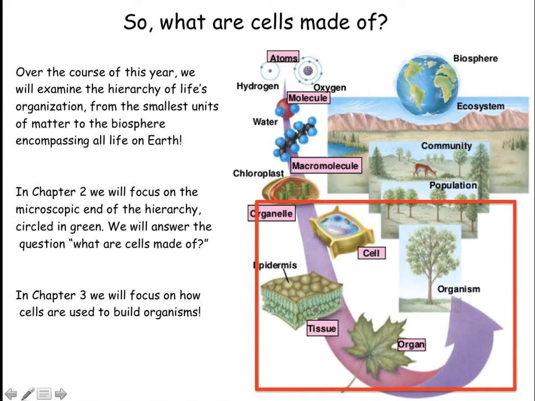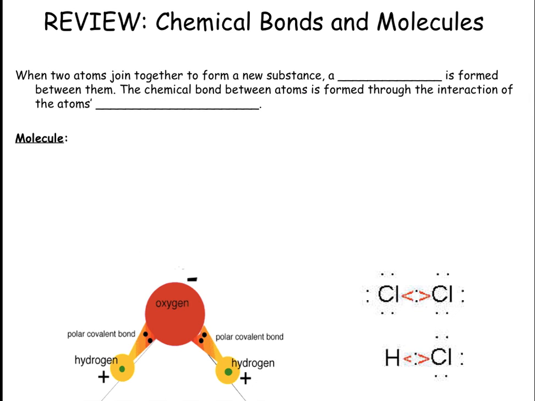All right, let's begin at the bottom of the hierarchy with atoms and molecules. So last year, we learned that when two atoms join together to form a new substance, a chemical bond is formed between them. And this bond keeps the atoms stuck together.